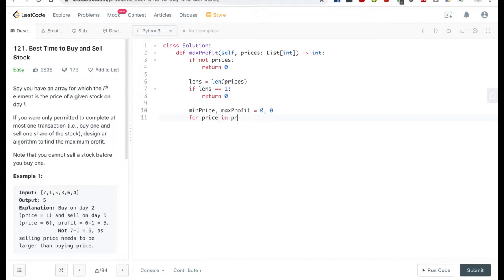For price in prices, if the price is smaller than minimum price, then the minimum price should be updated to price. So here I think this should not be 0, this should be initialized to be a large value.